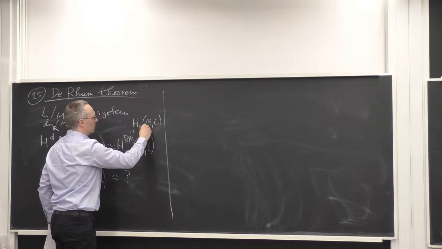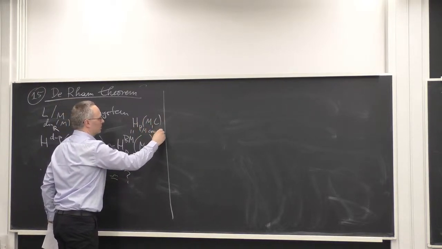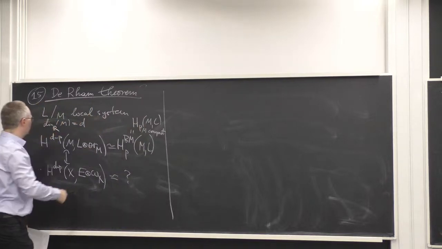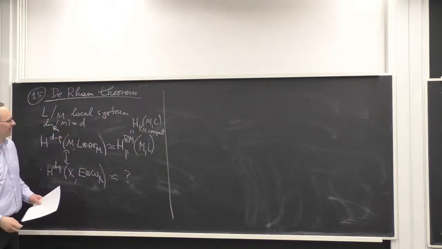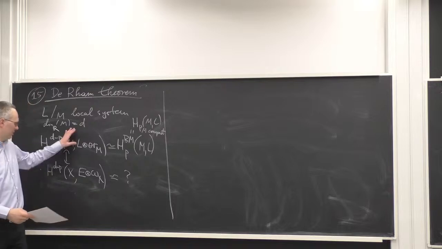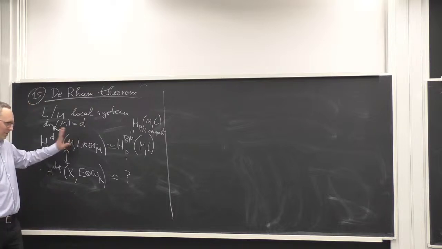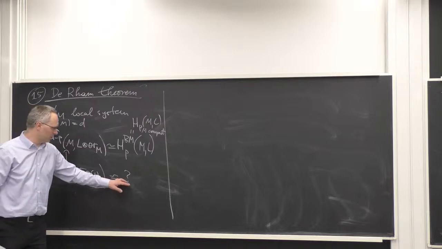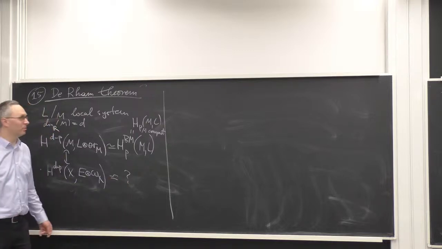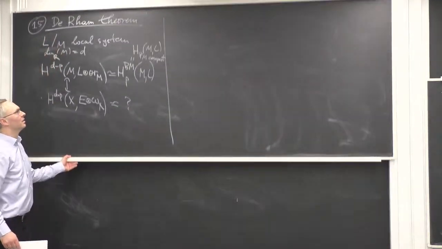Yes, I'm sorry, I repeatedly said that M is compact, but it's not necessary here. So also X will not necessarily be projective. So here we have this, and the question is what is that, and that is what I will speak about.